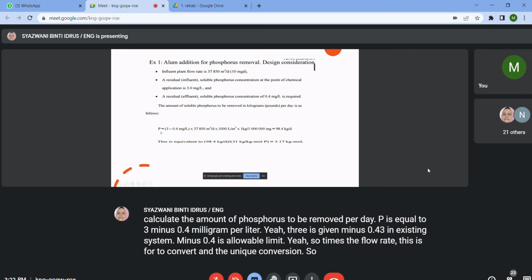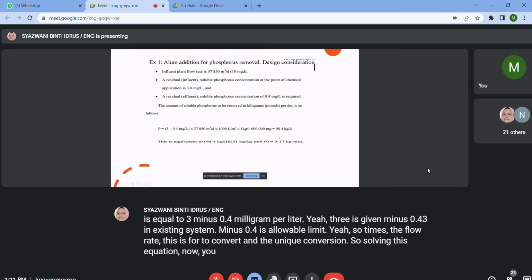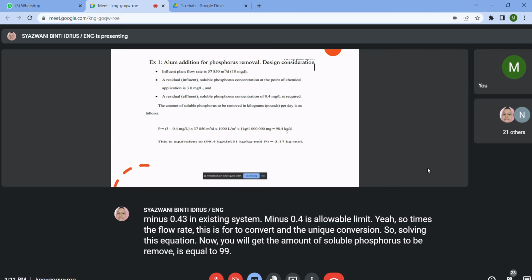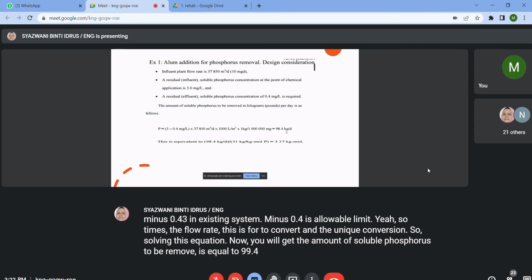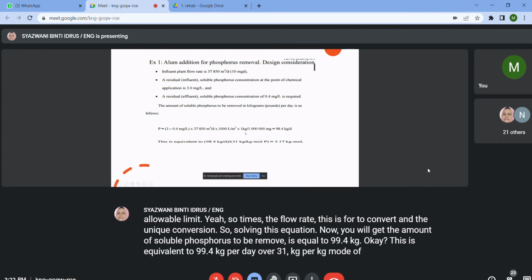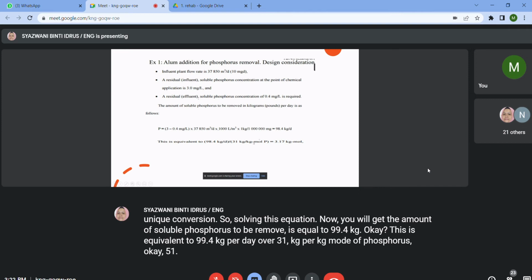Solving this equation, you will get the amount of soluble phosphorus to be removed, equal to 98.4 kg per day. This is equivalent to 98.4 kg per day over 31 kg per kg mole of phosphorus.